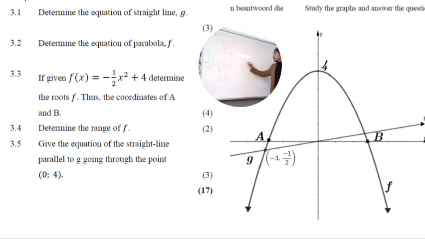So x is equal to plus minus the square root of 8. So x can be equal to the positive square root of 8, or x can be equal to the negative square root of 8. Or you can leave your answer as that.